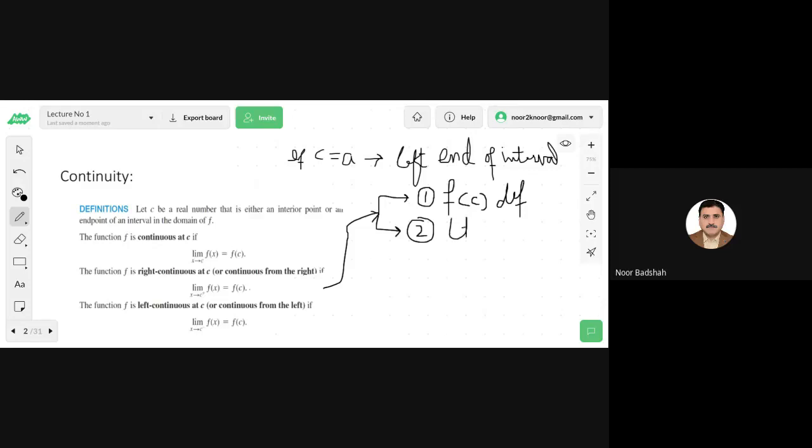That is, limit x goes to C from right side, f of x must exist. And the third part of the definition is value in 1 and 2 must be same. If any of these conditions are not satisfied, we say the function is discontinuous.